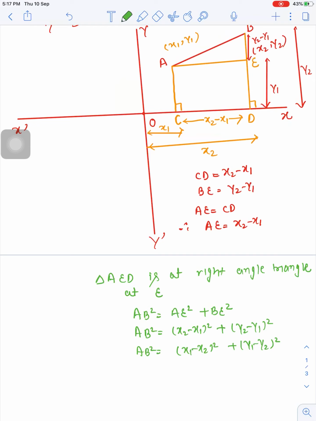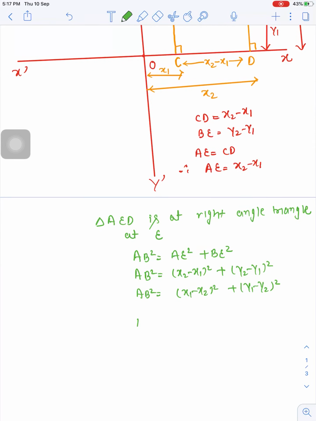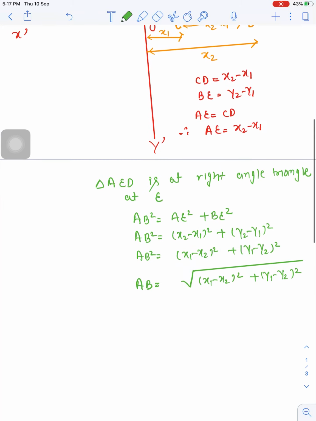So if somebody is writing x2 minus x1 or the other one is writing x1 minus x2, both are correct because of the presence of a square. So the final formula which we have got is AB is equal to the square root of (x1 minus x2) square plus (y1 minus y2) square. Okay, so this is the formula.